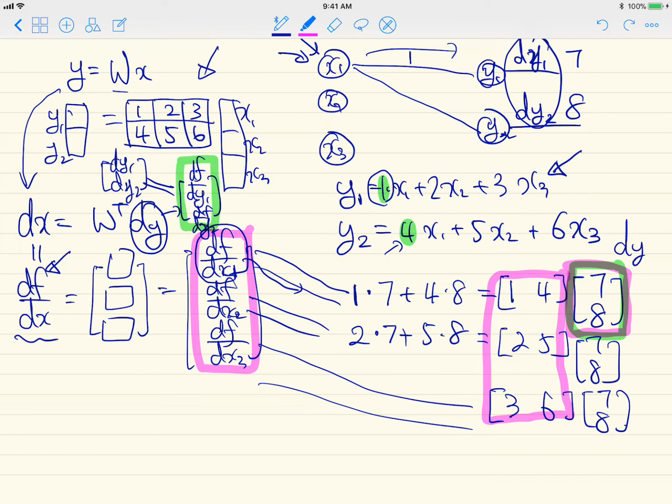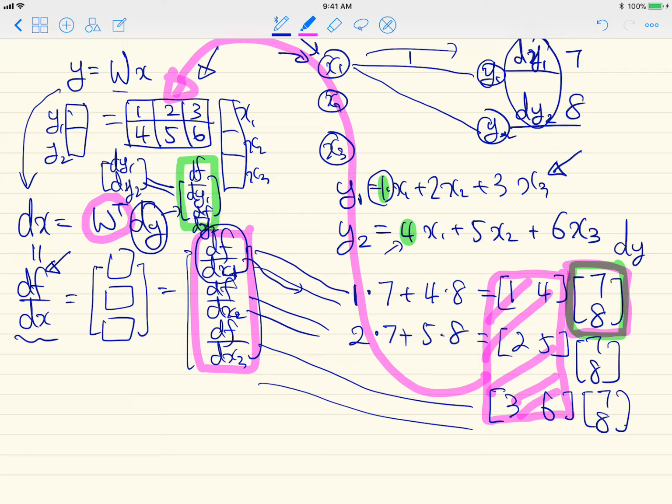So this matrix is actually the transpose of this matrix W, and thus we have W transpose times this dy as our formula. Okay, although we are just using this specific example, you may now have a full understanding of what that should be.